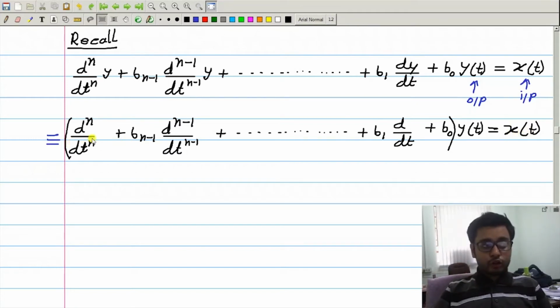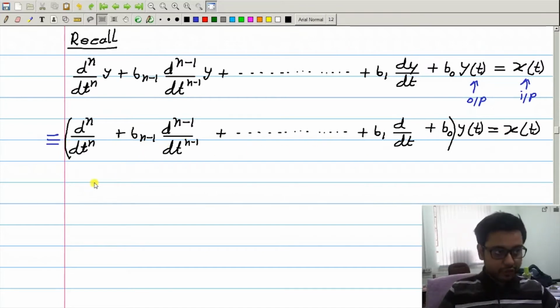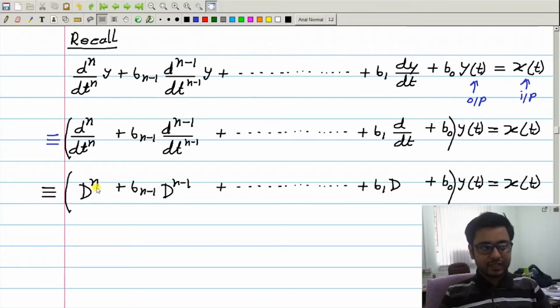I can also write this equation in this way, where instead of using this symbol d/dt for differentiation, I have used the alphabet capital D. And similarly, for the nth order derivative, I have used D to the power n.